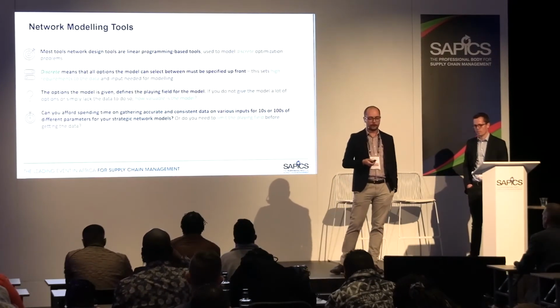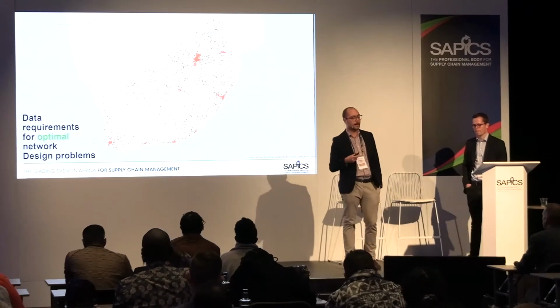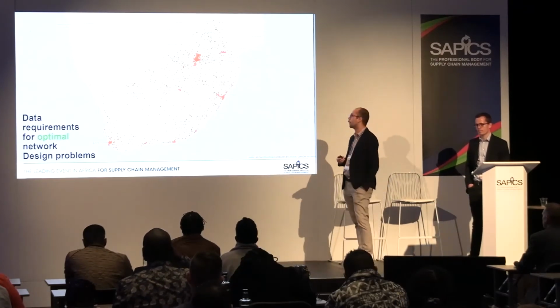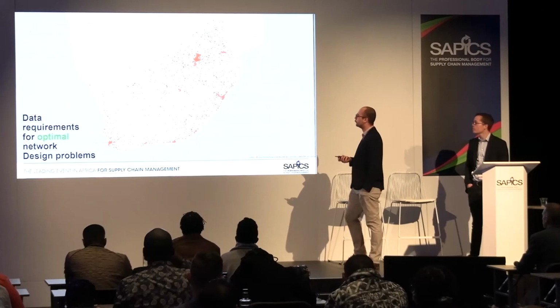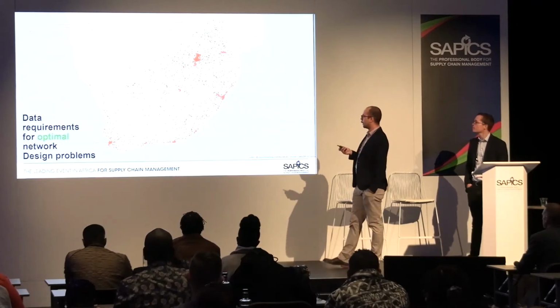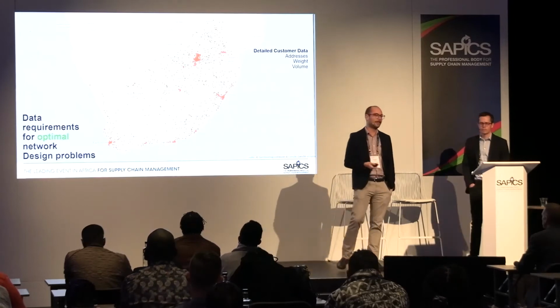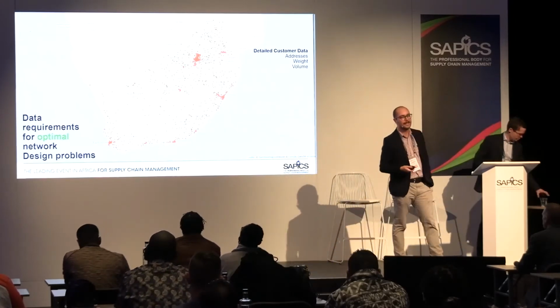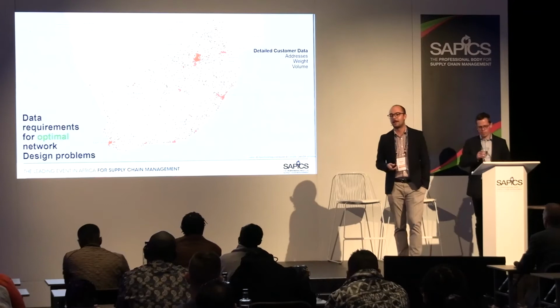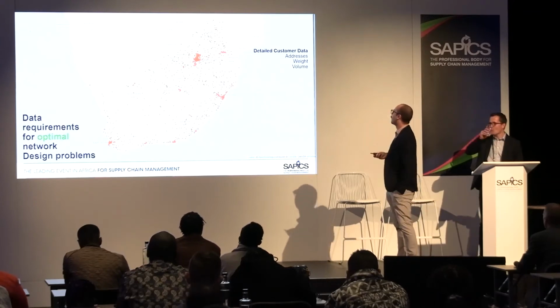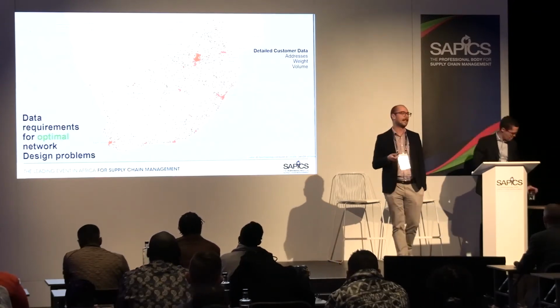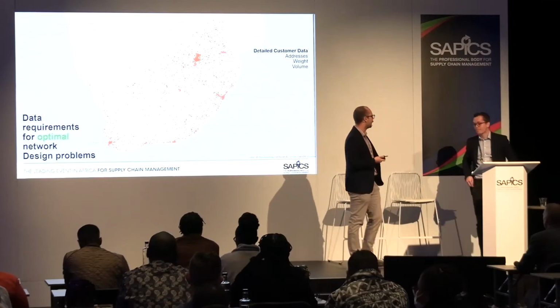So just to show you some of the data requirements for optimal network design problems, this is a small example. The first thing you're going to need to know is, where are your customers, right? Which seems like an easy question to answer. Of course, we know where our customers are, but we often find address data, and it's terrible, terrible quality.